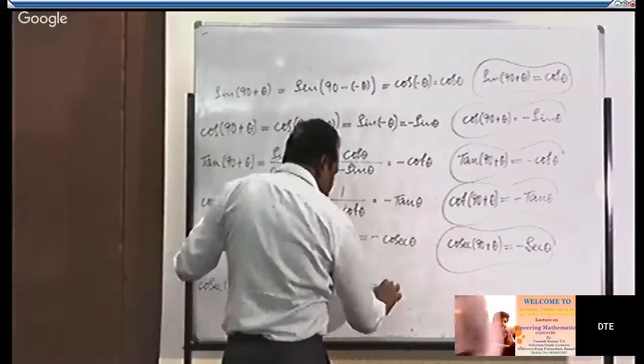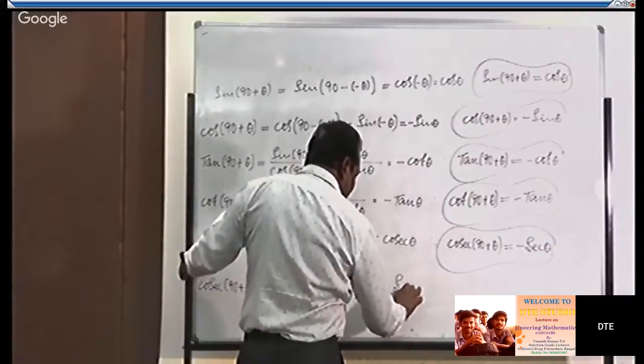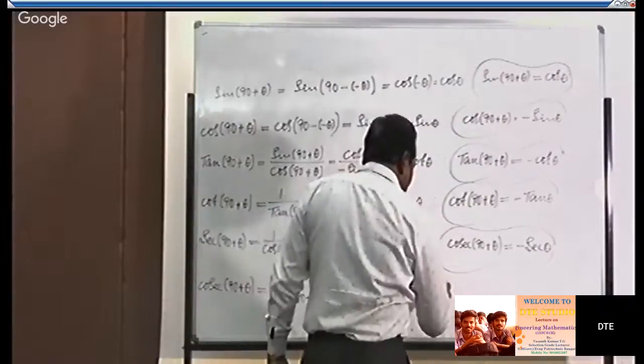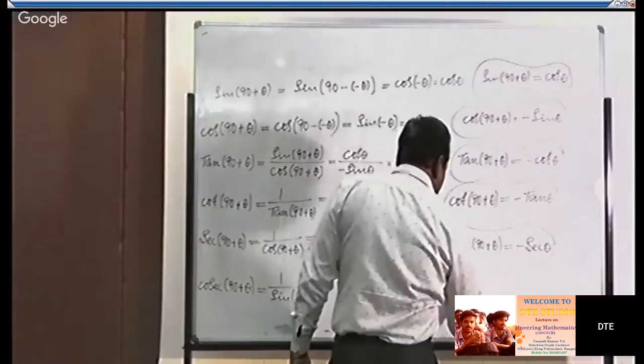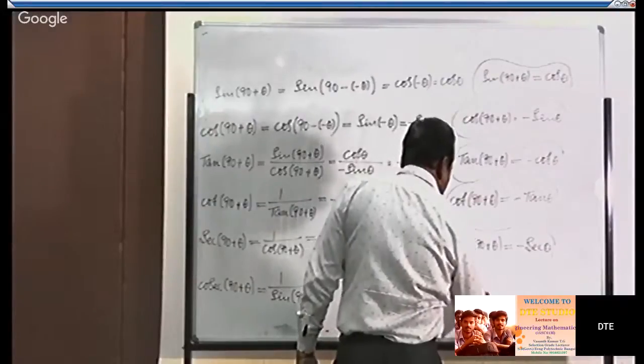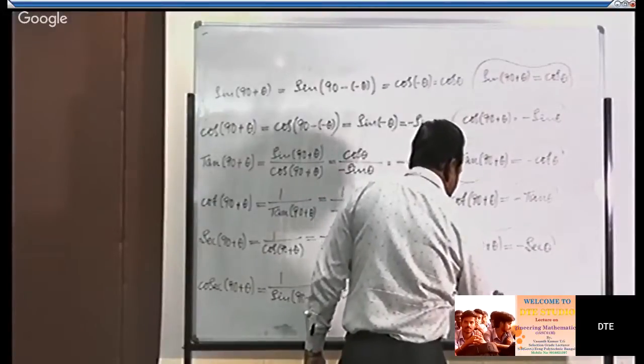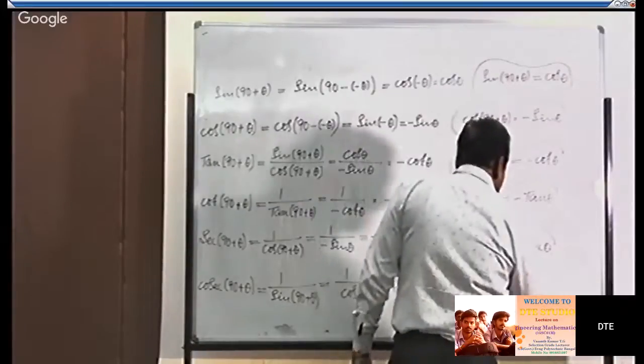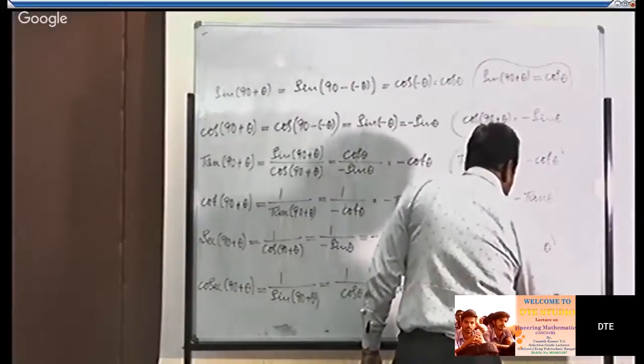We know 1 by cos theta as secant theta. Therefore, the result is cosecant of 90 plus theta is always equal to secant theta.